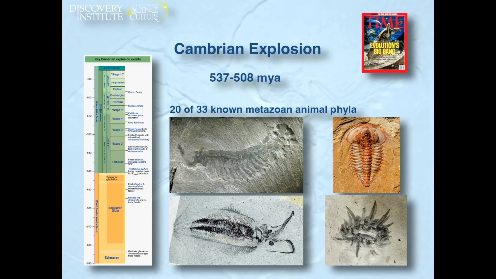More than 20 different phyla, phyla is the name for these different categories of body plans of animals, appear again without precursors in the preceding layers. They are there, fully developed with all their typical structure, and this has been called life's Big Bang, as you see here in one of the Time magazine cover titles.